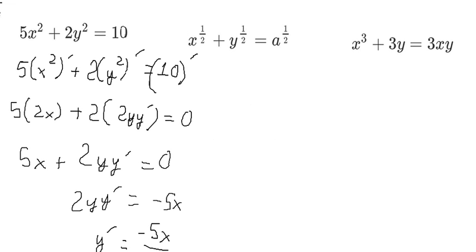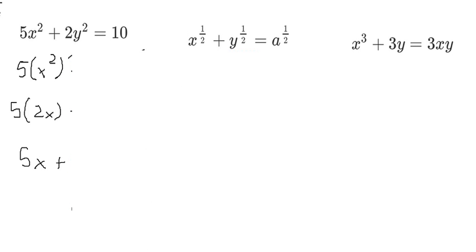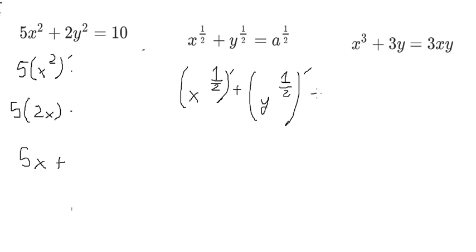Now we can do this one. We know that this is a constant, so you get 0. This one we get 1 over 2 minus 1, you get negative 1 over 2.